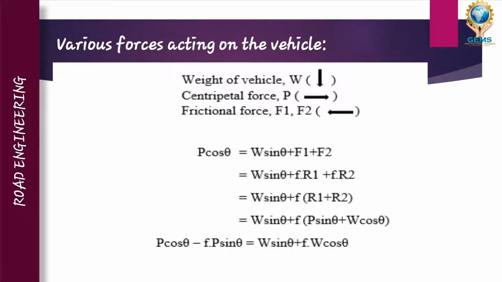F1 and F2 are frictional forces, and W sin theta is a component of the weight of the vehicle acting at the center of gravity, and P cos theta is from the centrifugal force. So the centrifugal component is equal to the weight component plus the frictional force of the two inner wheels and the frictional force of the two outer wheels.